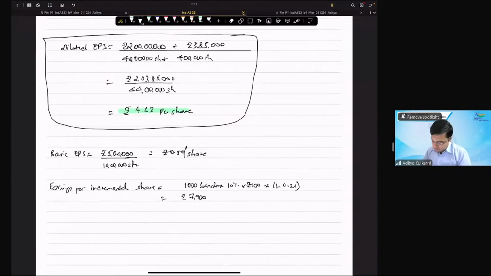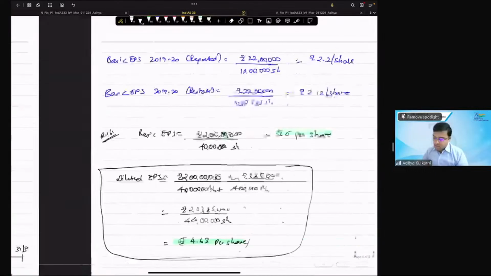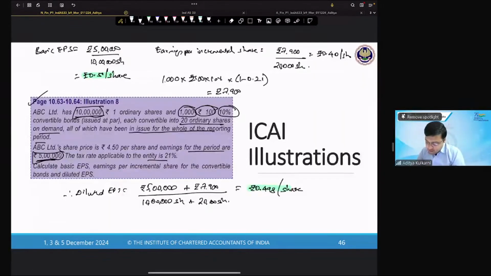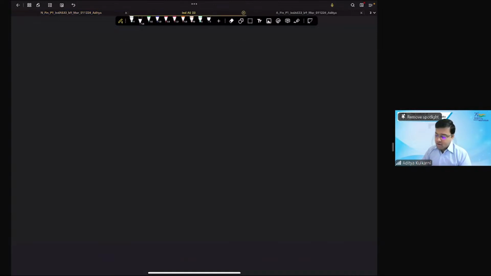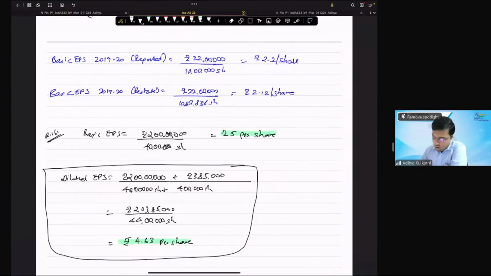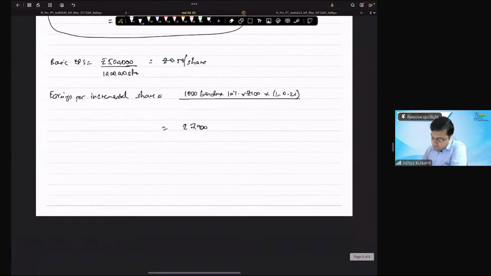Now, that is done. Divided by the number of shares which you are going to get. Each convertible into 20 ordinary shares on demand. Is it okay? Yes.